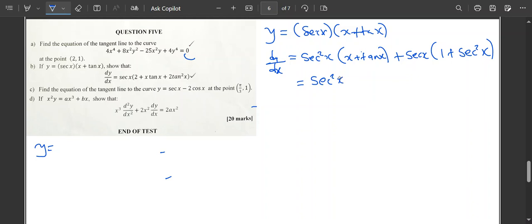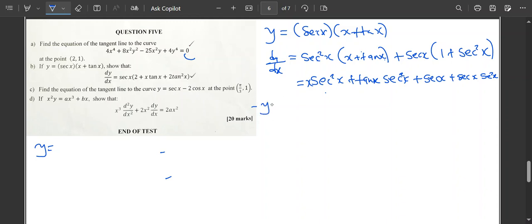Again there's x there, so this x needs to be here. Then I have sec x again times tan x, so this will be tan x, then sec x squared. So I've multiplied this one and this one. So I have again sec x, then plus sec x, then sec squared x, like that.